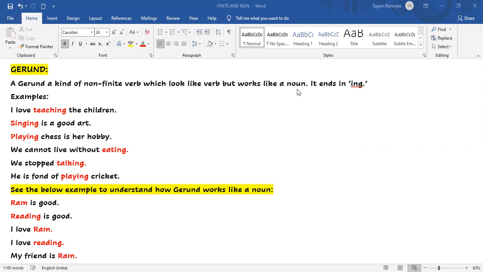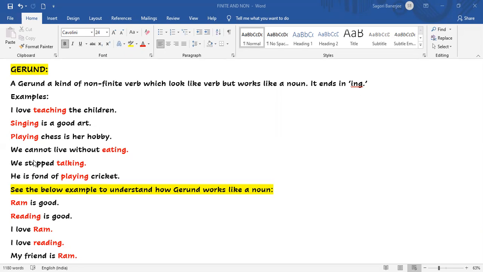Like in case of participle, we have seen participle works like an adjective. Infinitive sometimes works like a noun, sometimes like an adjective or adverb. And gerund will always work like a noun and it ends in ing. It ends in ing means verb plus ing it will be.